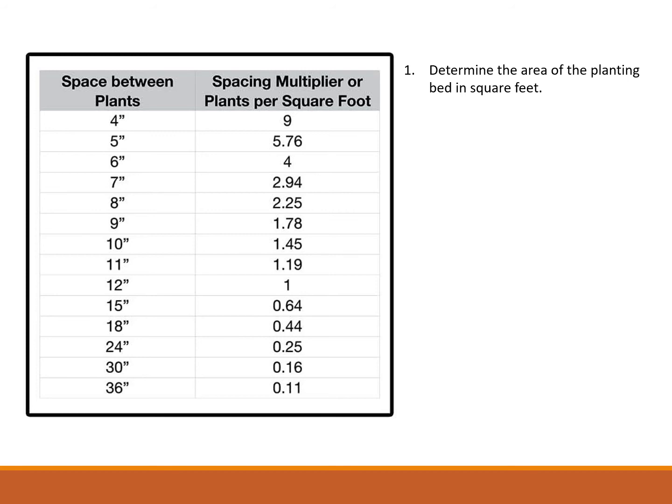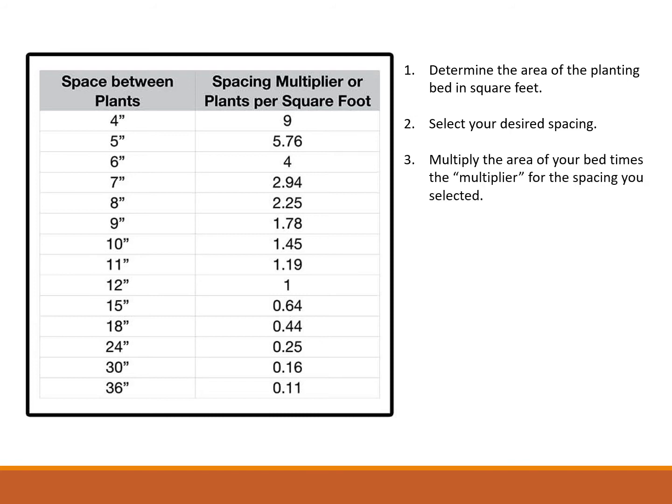So we need to go back and use the math we learned earlier to calculate bed area. After you've done that, you need to select your desired spacing: 4, 5, 6 inches or so on. Alright, so you know the area of your bed, so you're going to multiply the area of your bed times the multiplier for the spacing you selected.